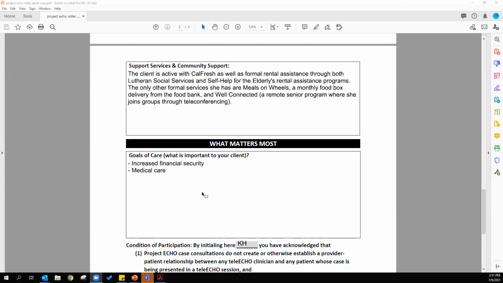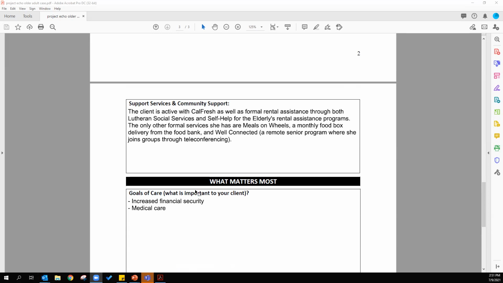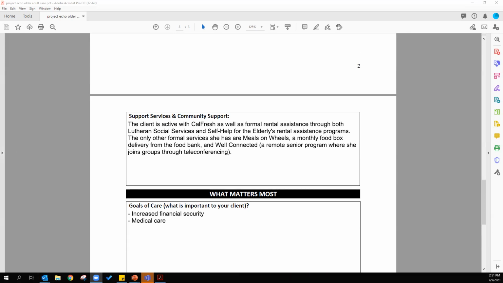She represents a larger issue that we have with some of our clients where they're requesting help, but really apprehensive to engage with any formal services for a variety of reasons. And so a lot of our clients are in this pattern where we're just doing watchful monitoring, and we're told by Adult Protective Services to allow them to fail, to a certain point, where intervention is not their choice anymore, but mandated.